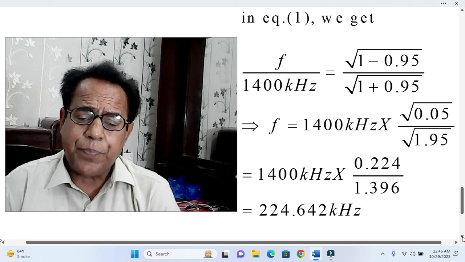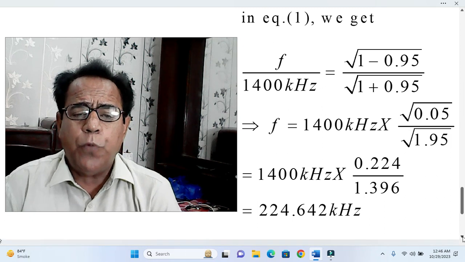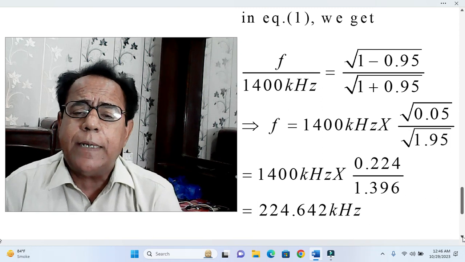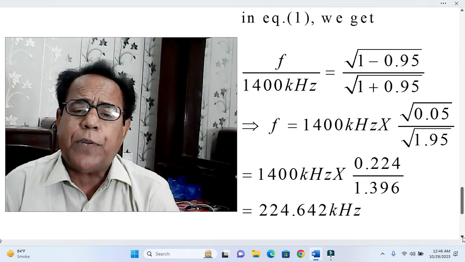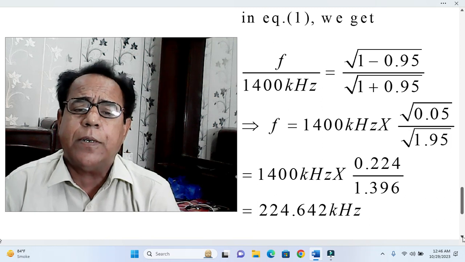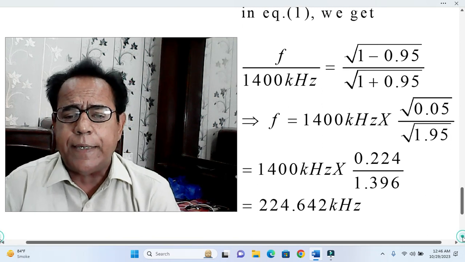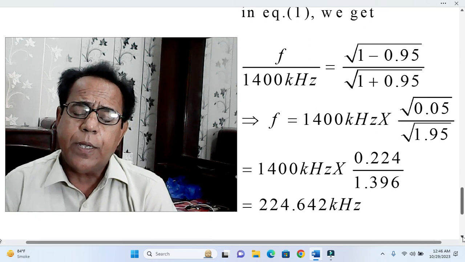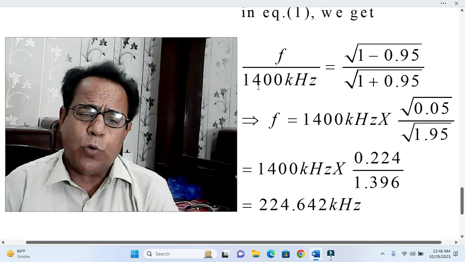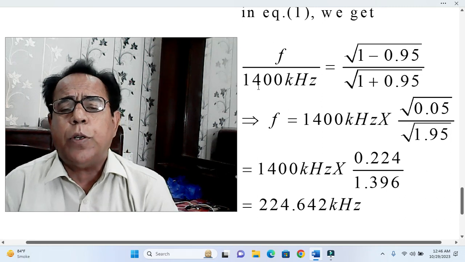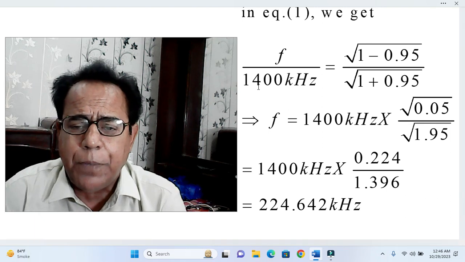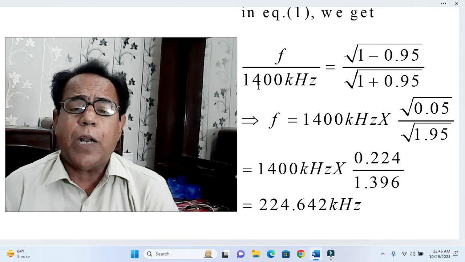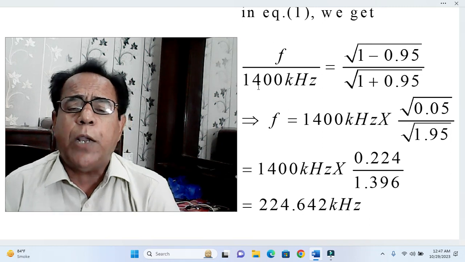Here f over 1400 kilohertz is equal to square root of (1 minus 0.95) over square root of (1 plus 0.95). This implies that frequency f becomes equal to 1400 kilohertz times, what we have done, we have shifted 1400 kilohertz to the other side of the equality, and after being shifted this value from the denominator goes to the numerator.